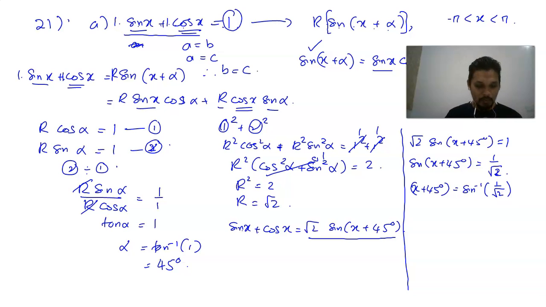Arc sine of 1 divided by square root of 2 equal to 45 degree. Okay, this is the basic angle of arc sine 1 over square root of 2.